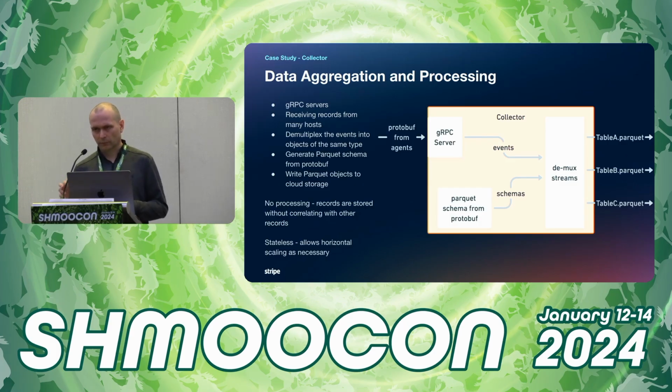Many other solutions perform processing at this stage. Now, what do we get for keeping it stateless? Simplicity, most of all. That's one of the goals, after all. And it improves reliability as well. It's extremely fast, and we have some numbers for you later. And it allows us to scale to any size, really. We're just adding more hosts, and it scales that way.